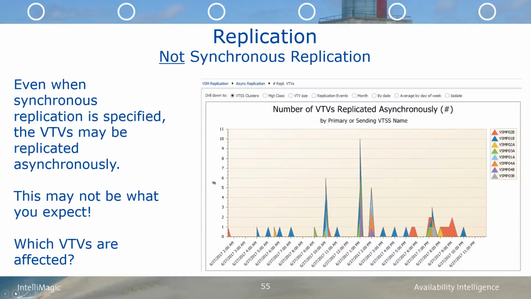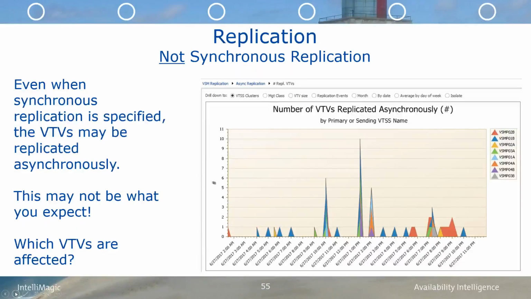So from here we can easily find specifically which VTVs are being replicated asynchronously. Now, if your synchronous replication is mandatory, you need to ensure that it's enforced and monitored. So if some of them are being replicated asynchronously, this is where you need to figure out why.